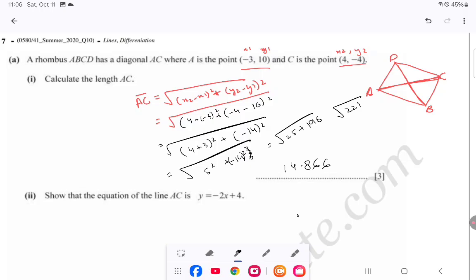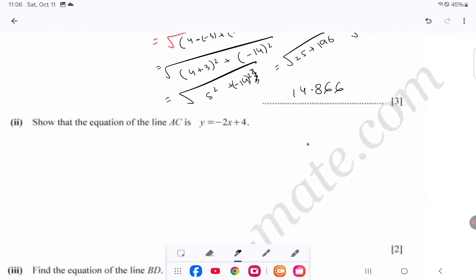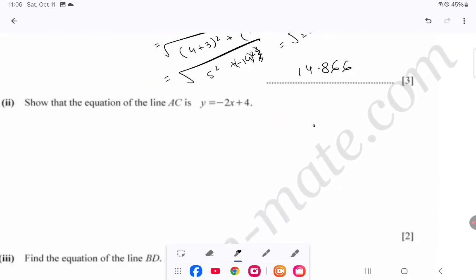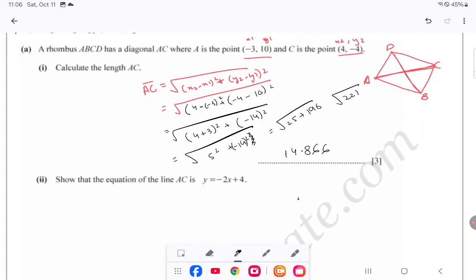Now in part 2, show that the equation of line AC is equal to negative of 2x plus 4. The AC points are both given. Calculate the value of m. M is equal to y2 minus y1 over x2 minus x1.